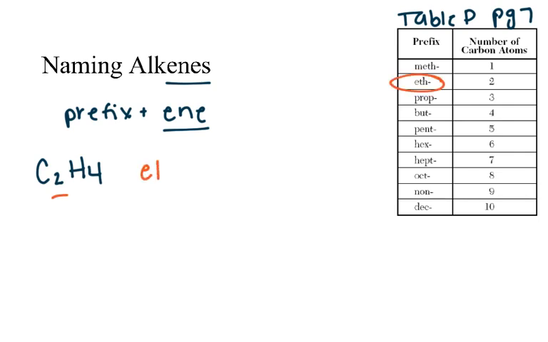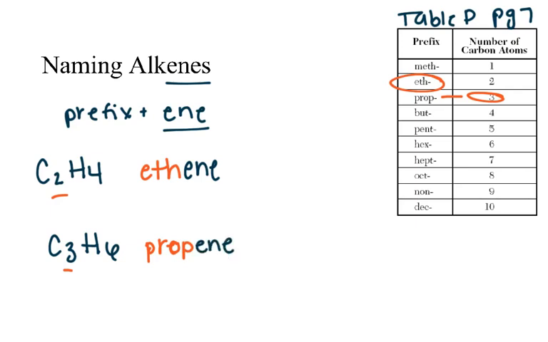So our name is going to be ethene, okay? And then we have our next example, which is going to be C3H6. We're going to look for that 3, which is going to be prop. So we have prop. And then we're going to add our ending of ene, propene.